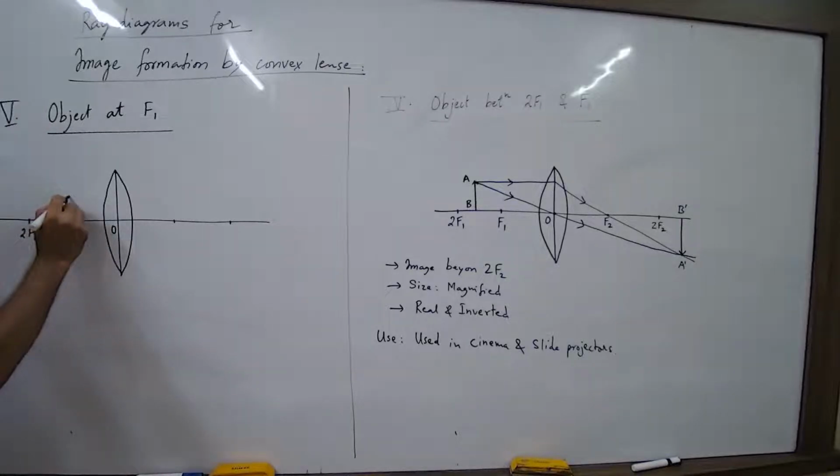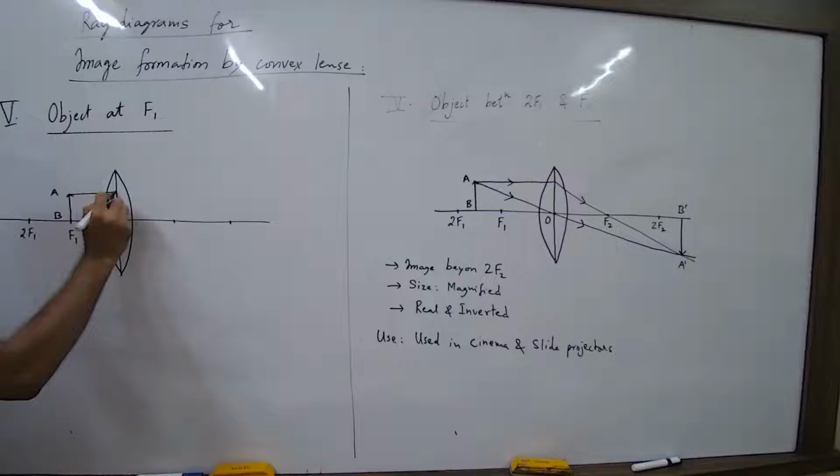So object is now at F1. So first ray as usual parallel to principal axis. So it will pass through F2.